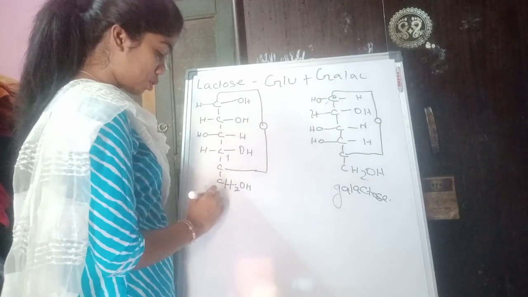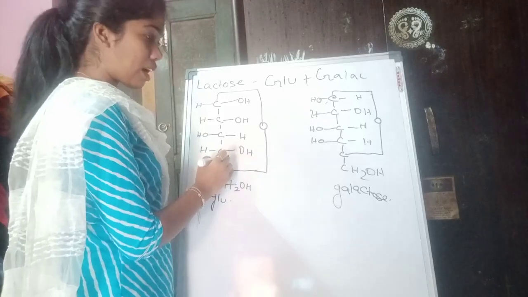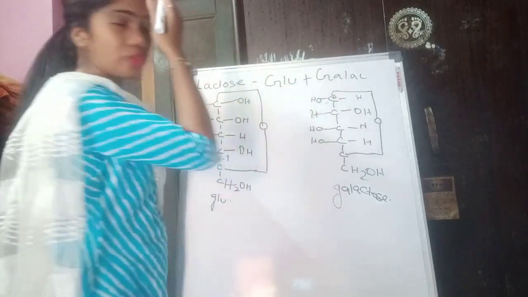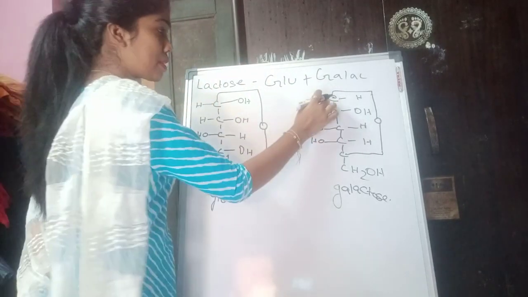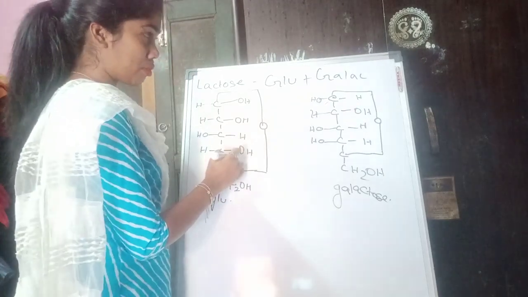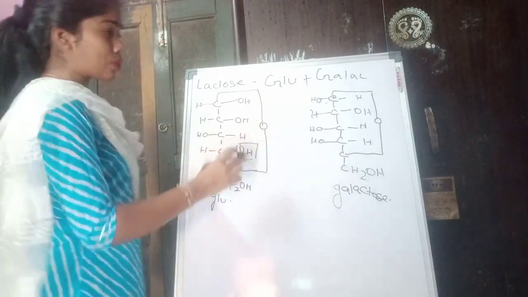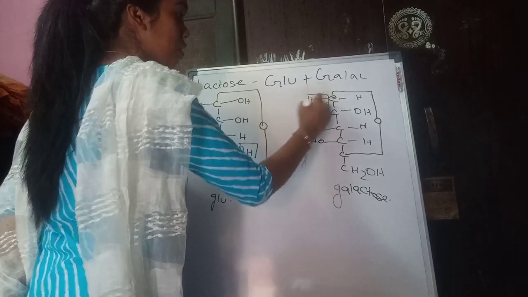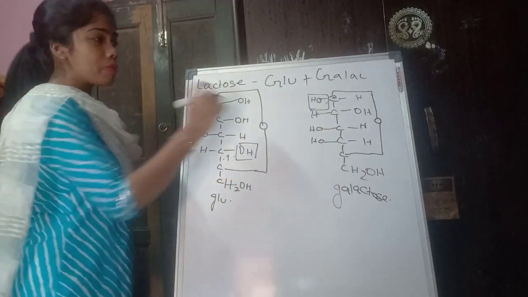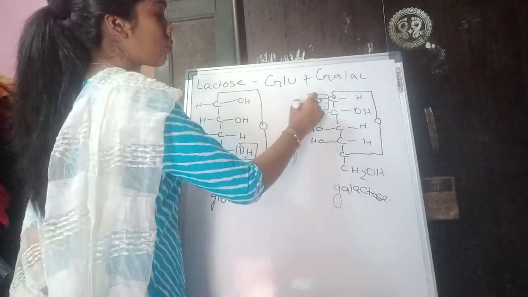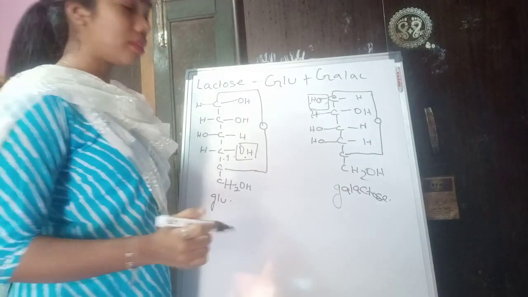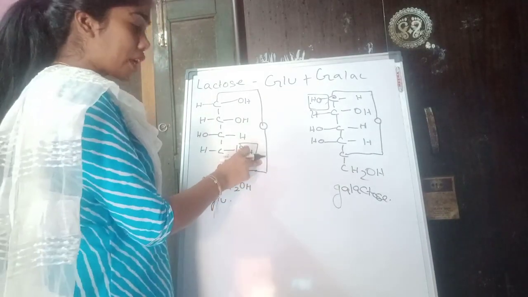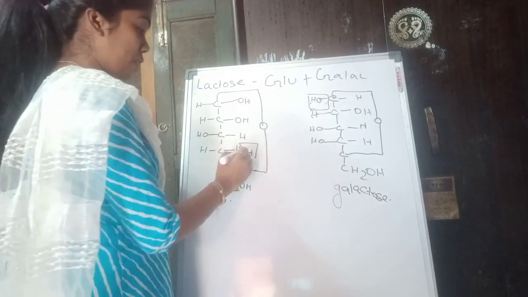This is galactose, this is glucose. The fourth carbon of glucose and the first carbon of galactose will participate. That means this carbon and this carbon will form the bond, but they both are saturated, their four hands are saturated. Then how will they form the bond? Basically this OH and this OH will be the groups that make the formation of the bond possible.